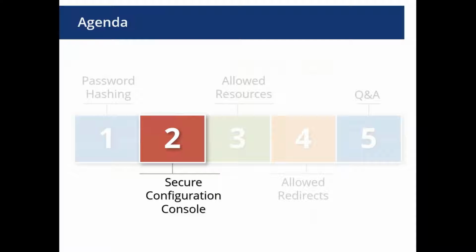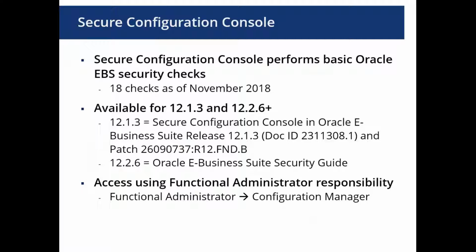We find probably every couple of months a MetaLink note out there. We're like, okay, how did that setting get changed? And we talk to the DBAs and they say, oh yeah, I remember that. I looked at this MetaLink note and it told me to turn that off. Okay, that's a problem. That's the reason why you constantly have to be checking your configuration. What is the problem, and how do I do that on a repeated basis, very systematically?